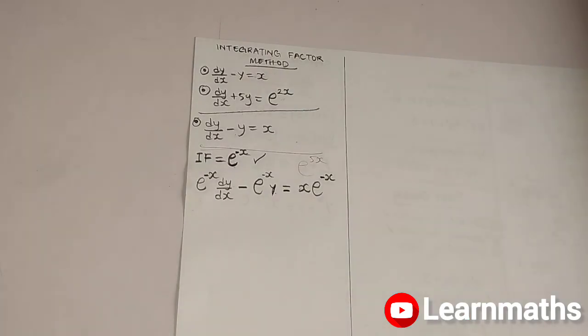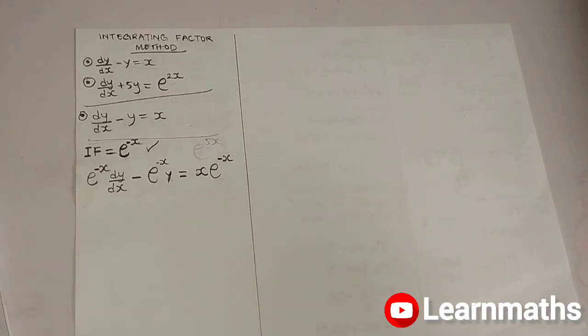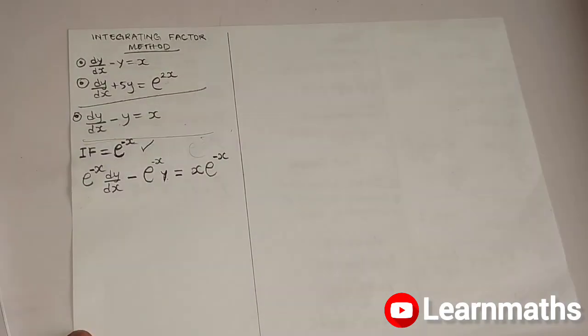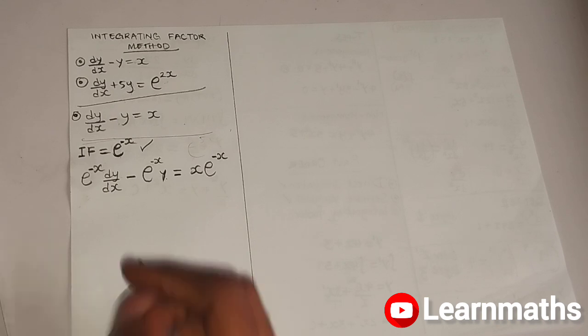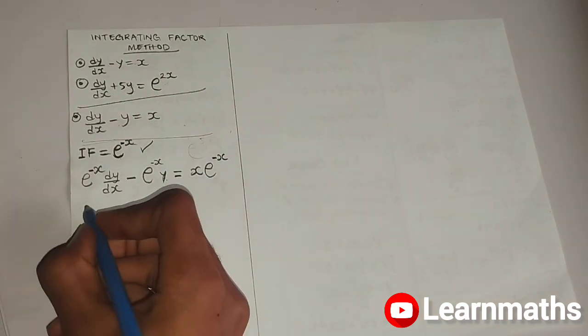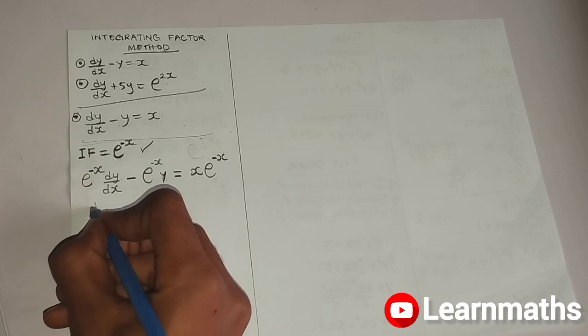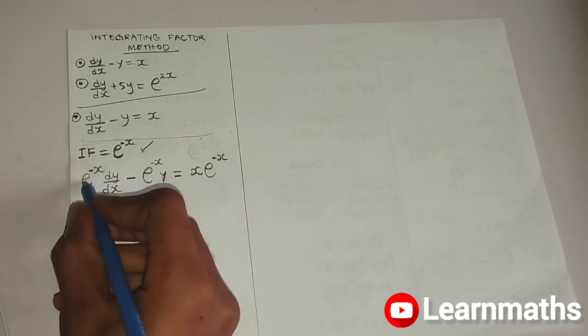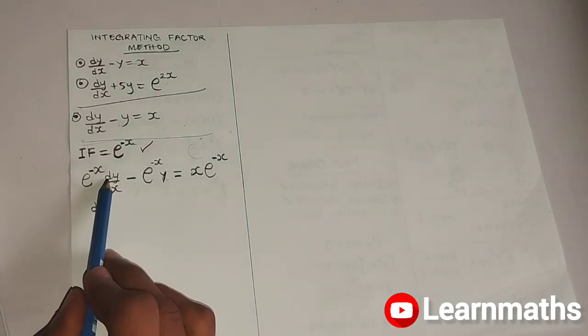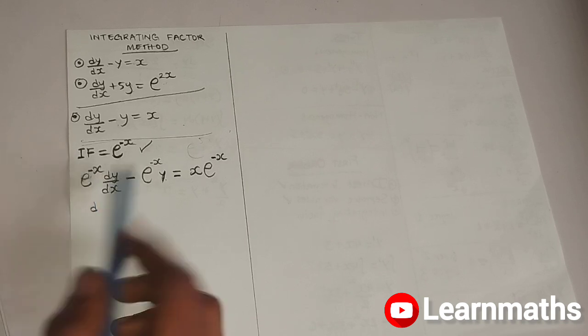So what do we do from here? Proceeding from here, we're going to integrate both sides. Now, this is the differential of y times e to the negative x.